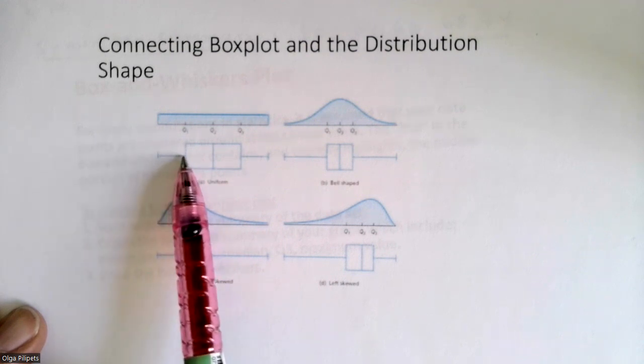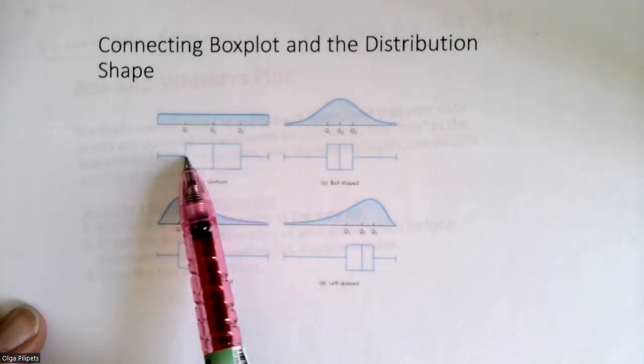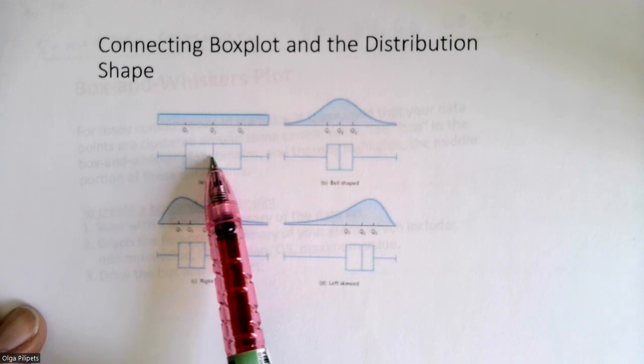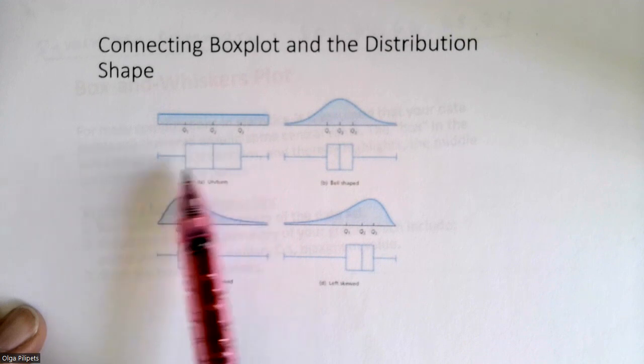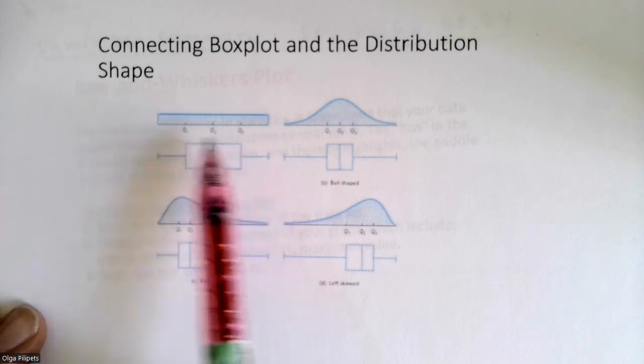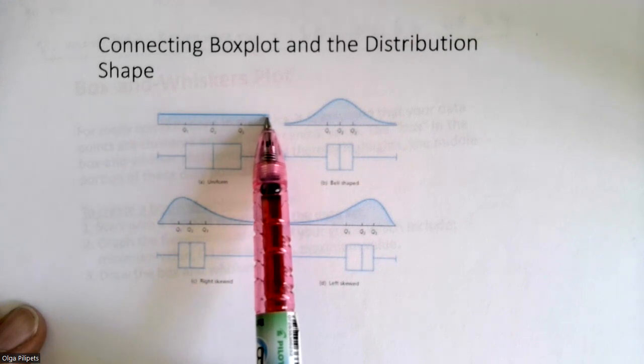So look at this whisker, and the width of this rectangle and the width of this rectangle. Everything looks uniform. So that tells us that the shape of this data is uniform.